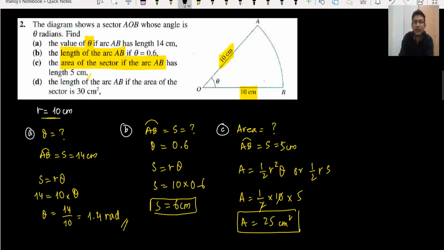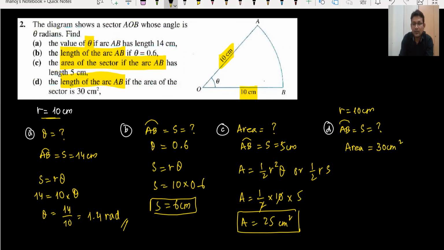Part D, we are moving. In part D, you can see the arc length of AB is required when the area is given. Okay, AB means the arc length S, S is required, and the area is given. Area is 30 centimeters square, and we have to use which formula, and remember the radius is 10, which is fixed.